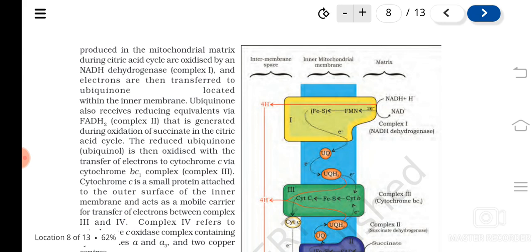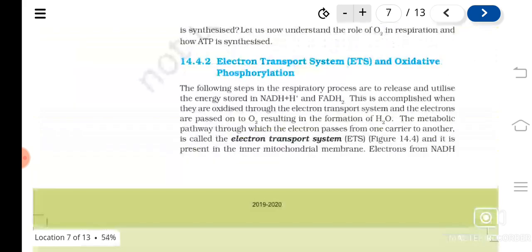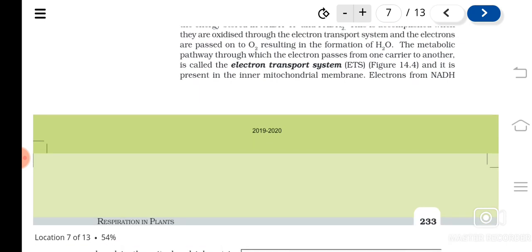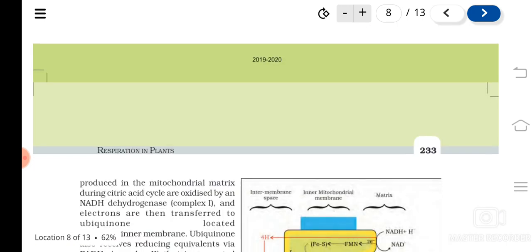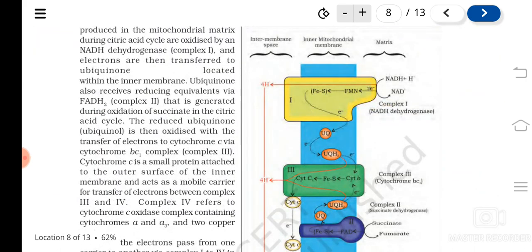So what is ETS? It is a metabolic pathway through which electrons get transferred from one carrier to another, and it is present in the inner mitochondrial membrane. I have said that the carriers are arranged in different complexes, complex 1, 2, 3 and 4, and finally the 5th is ATP synthase.